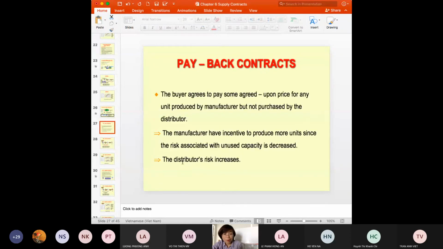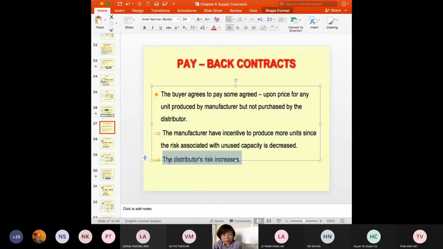We mentioned the distributor risk increase, but can you point out what the distributor risk increase is in this situation, with buyback contracts? Because actually the manufacturer has the motivation to produce more products so they can get more.